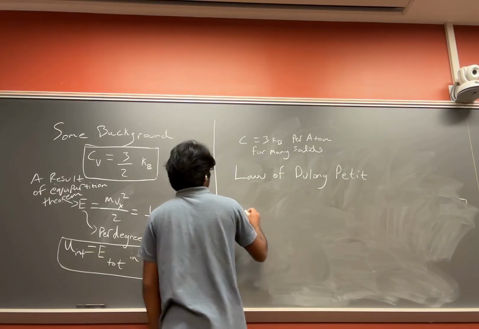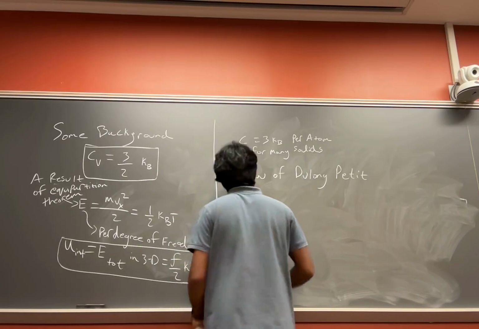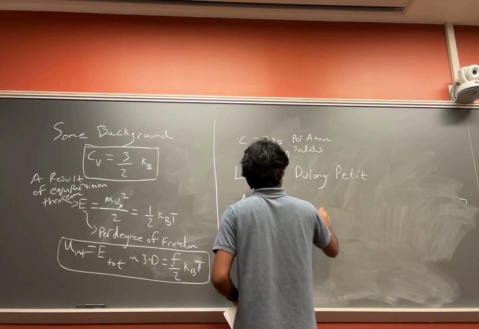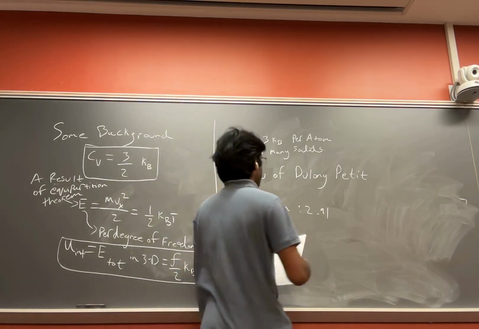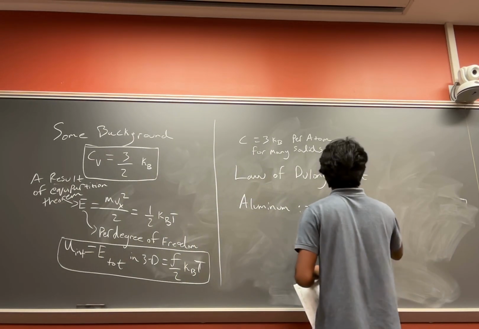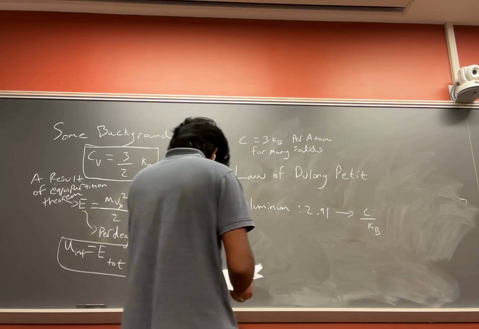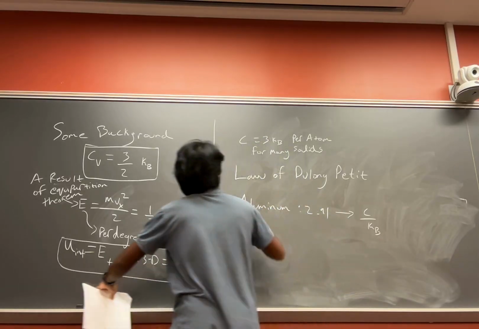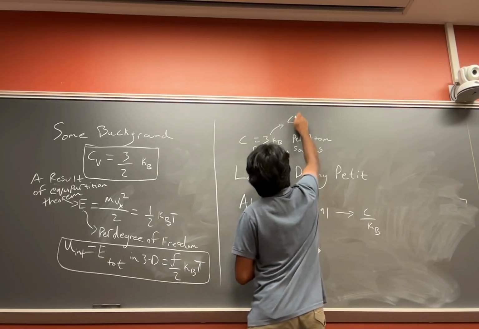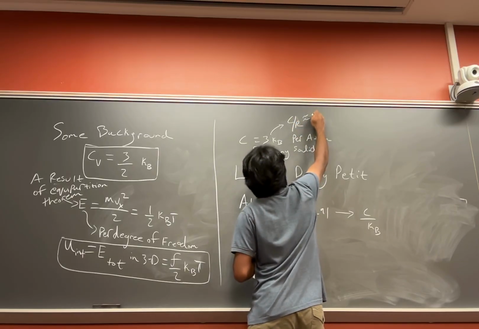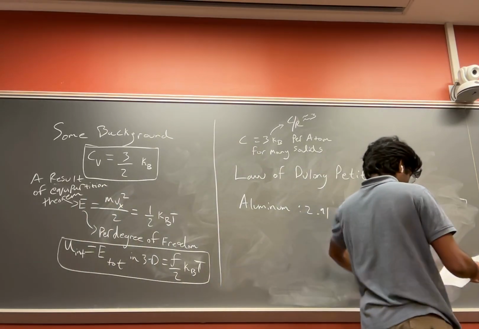So some solids, aluminum 2.91, which is the C over kB value. This can also be written in terms of the ideal gas constant, which is C over R, approximately 3.